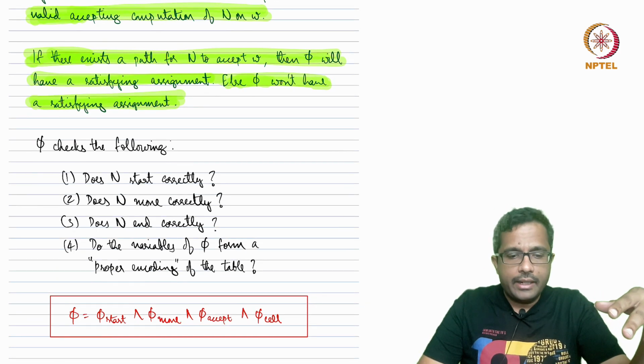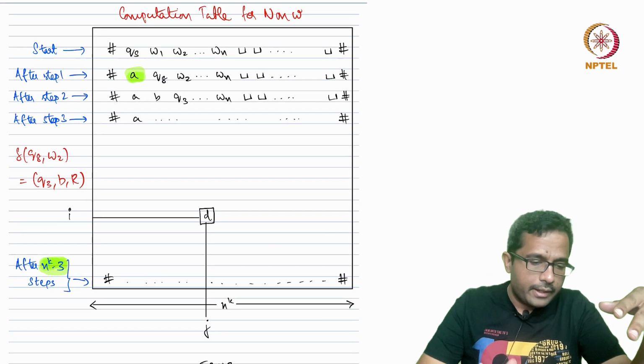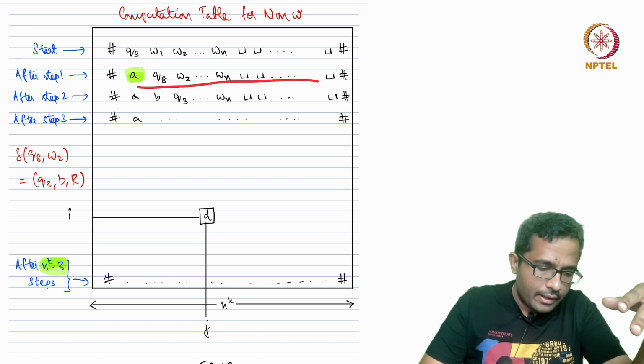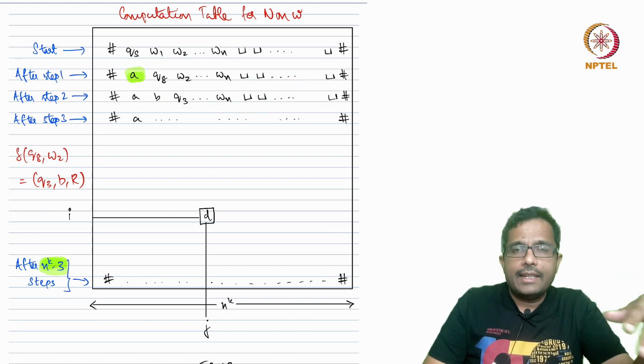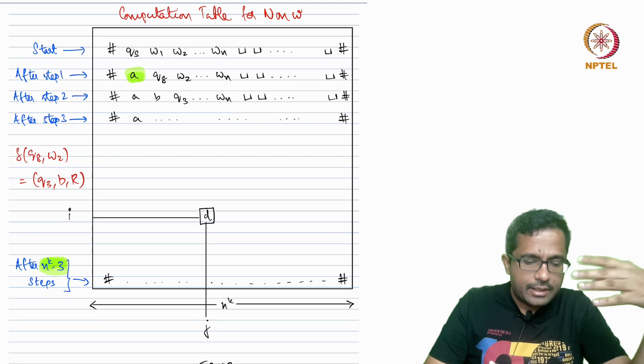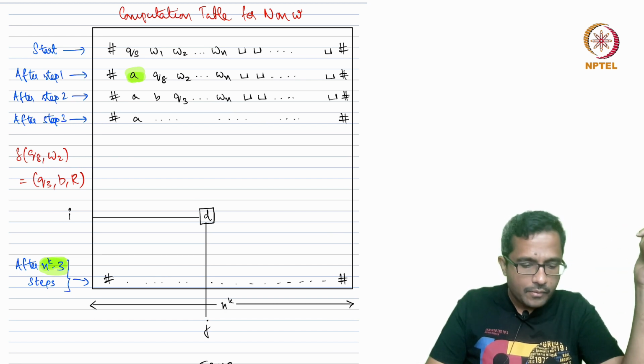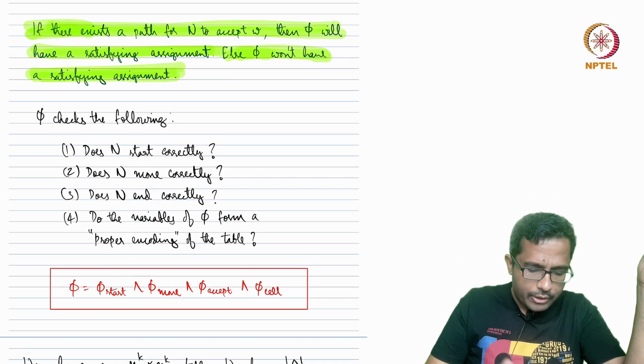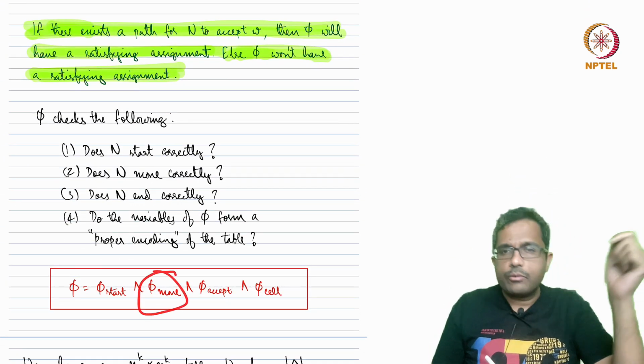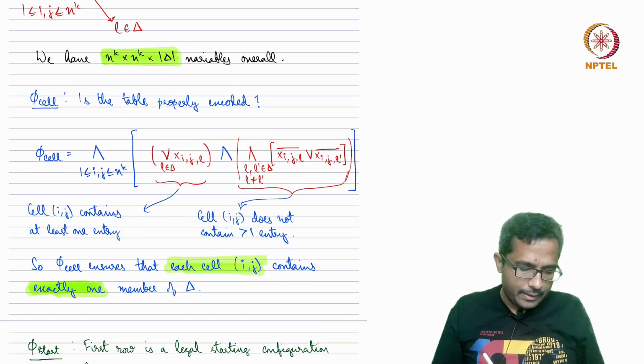The part that was remaining was to check whether each configuration listed here is a valid successor of the previous configuration. This part of the formula is called Phi-Move, and this is what we have to discuss.